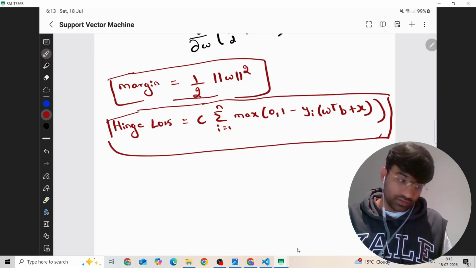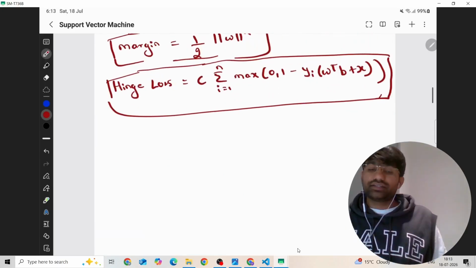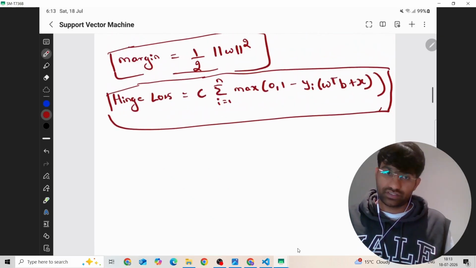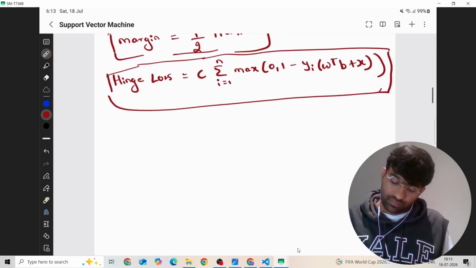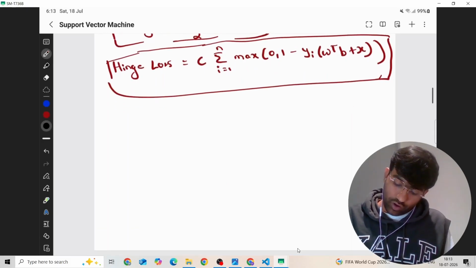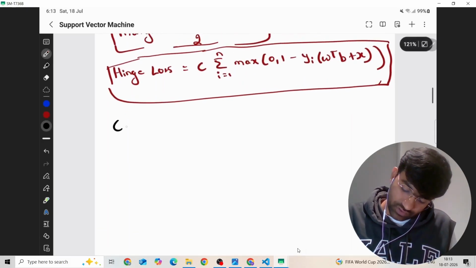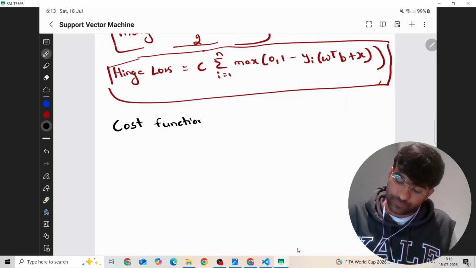Now, combining both the equations, I will add both the equations. That will be my cost function, the cost function for the support vector machine.